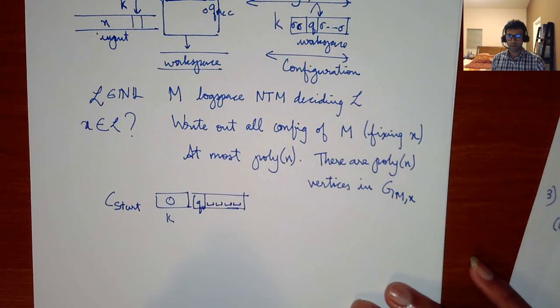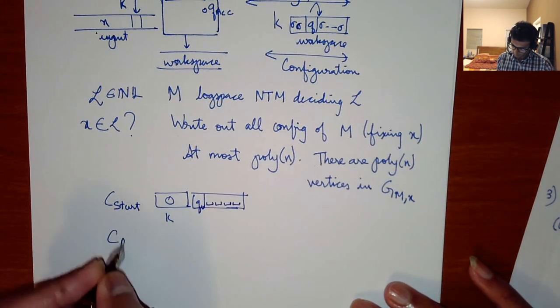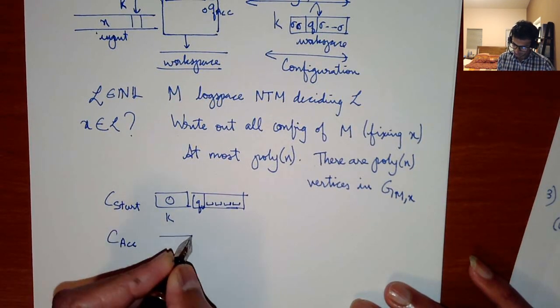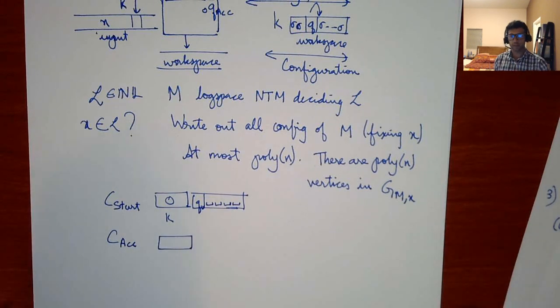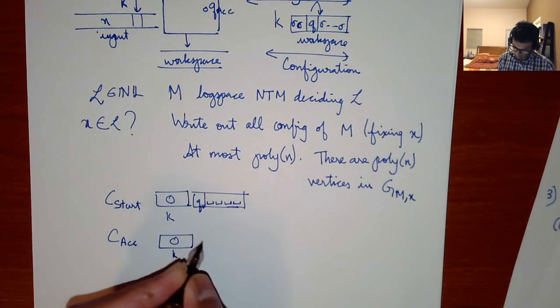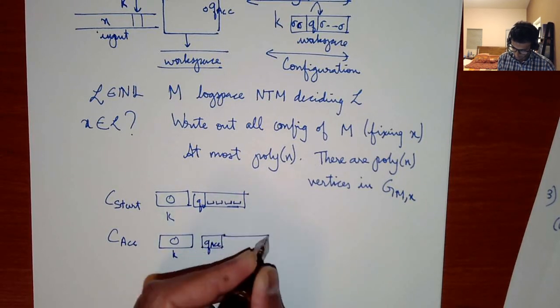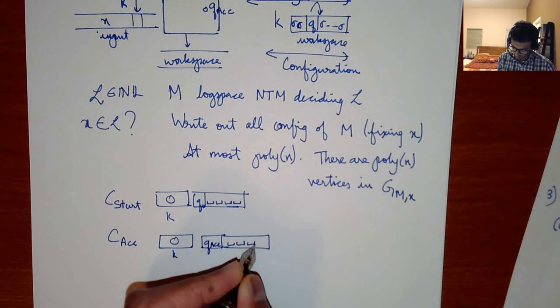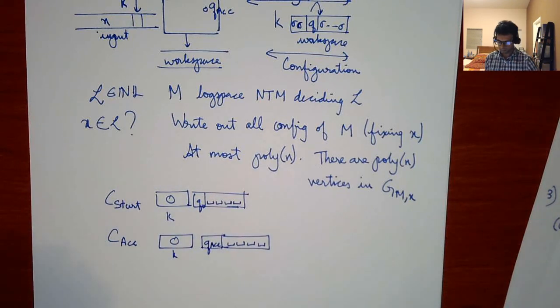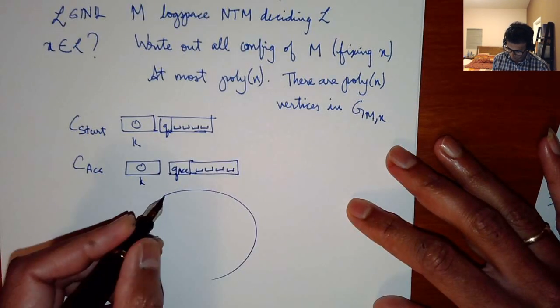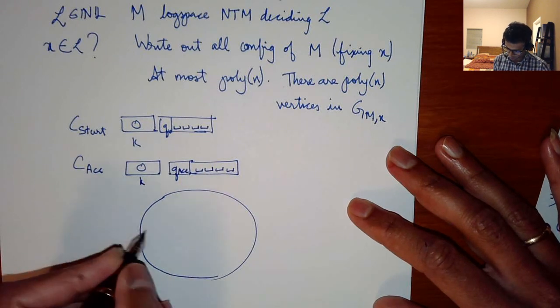This is what C start is. C accept is, let's just say that when it accepts, it moves this back to 0. This is going to be Q accept, and let's say it makes it all blank. We can force the Turing machine to do this. And so we have this graph now. So here's C start.